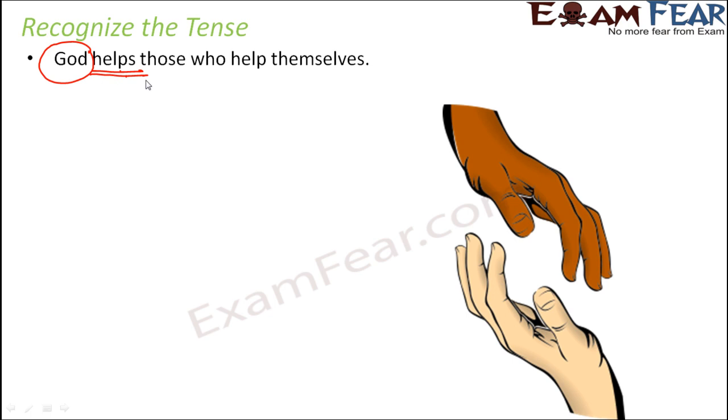It should not be God help those because God is third person singular number. But here you see it is help because who help themselves. So this who represents plural. So it is third person plural. Therefore you have help. But with third person singular number, you will always have helps. So this is obviously present and that too simple present.